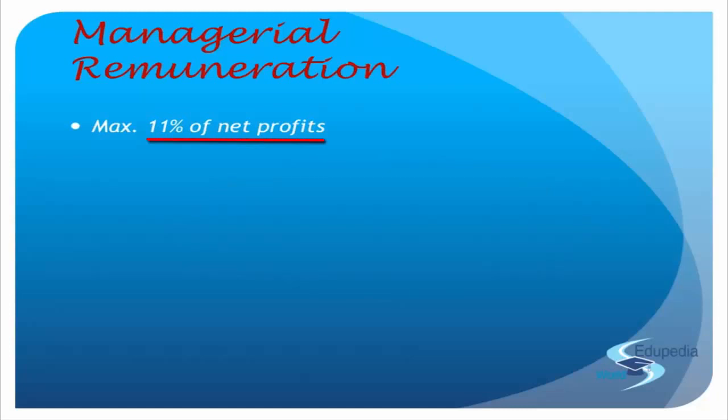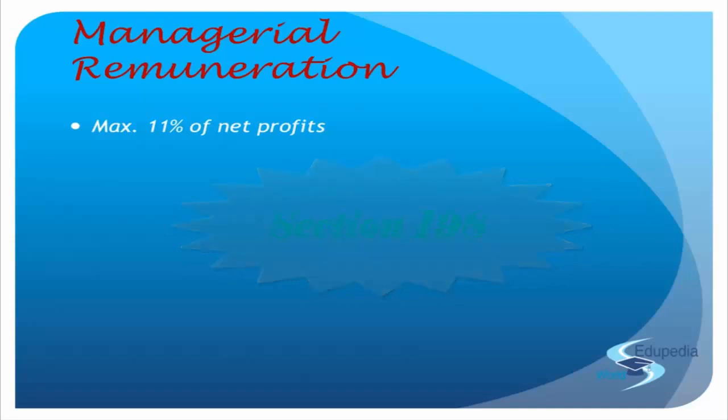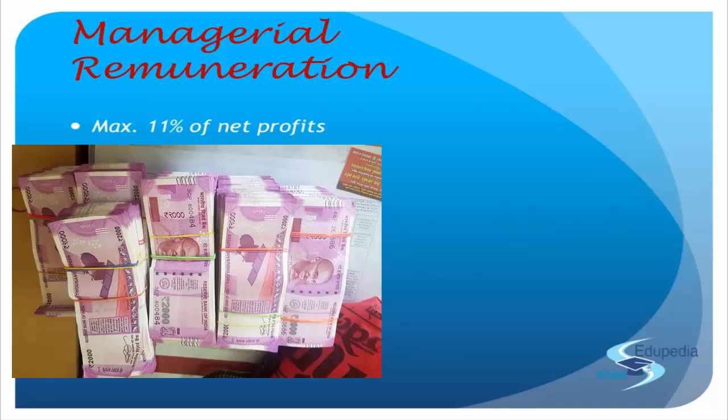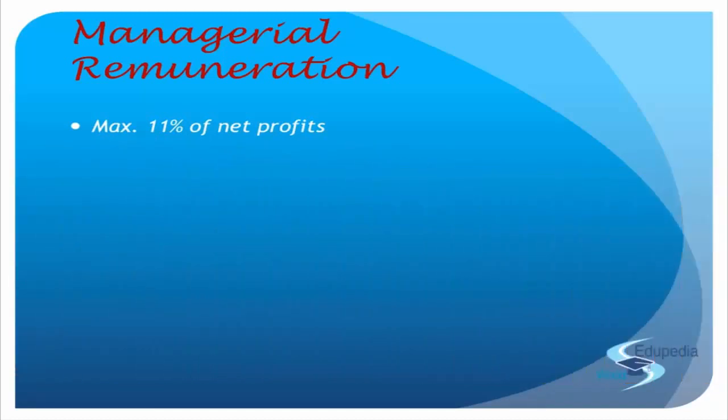And for that net profit, all those things that are given in 198 will apply, except that the remuneration that you are paying to the directors shall not be deducted as an expense. So for example, if I'm giving 10 lakh as remuneration, I have certain incomes in my P&L and certain expenditures in my P&L, but those expenditures will not include the figure of 10 lakhs, that is the remuneration given to the directors.